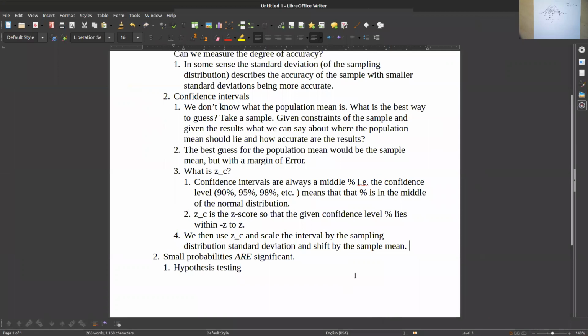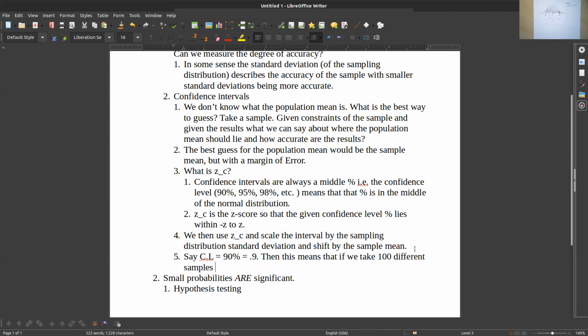Let's write that down too. Say our confidence level is 90%. Then this means that if we take 100 different samples with replacement, right?